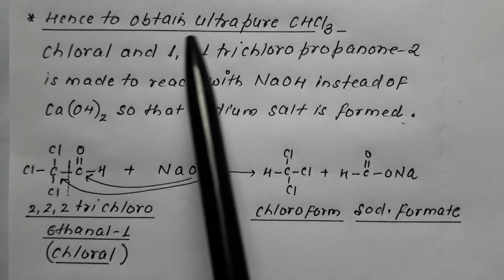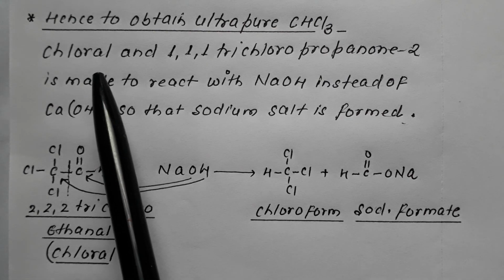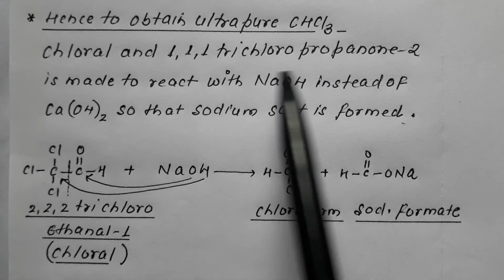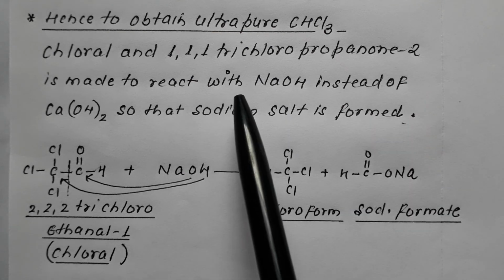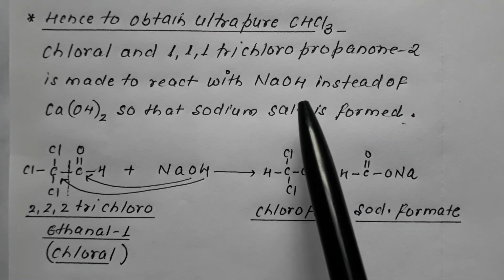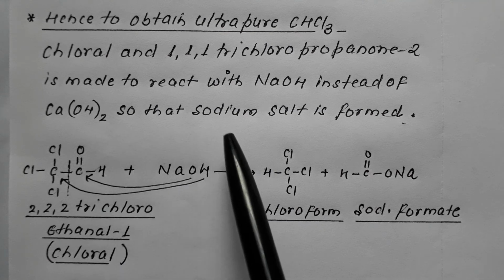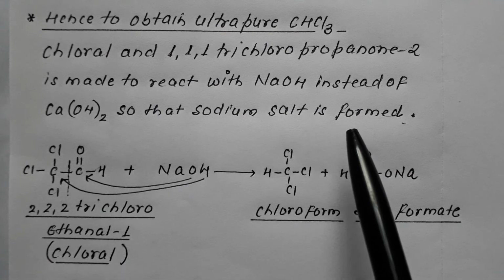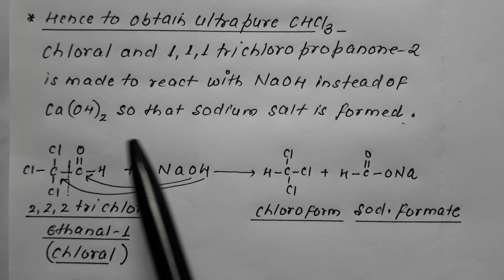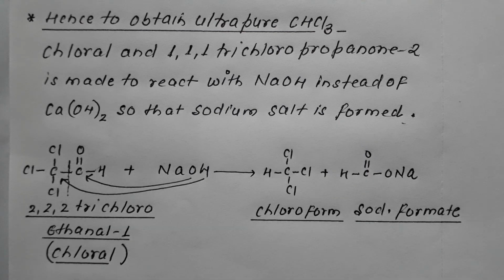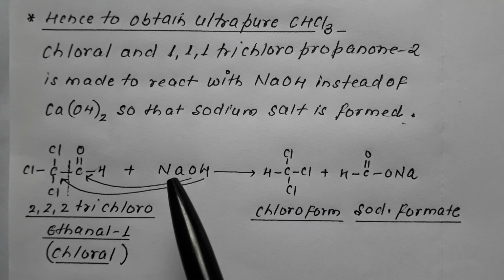But in order to obtain ultra pure chloroform, chloral and 1,1,1-trichloropropan-2-one are made to react with NaOH instead of calcium hydroxide, so that sodium salt is formed instead of calcium salt.